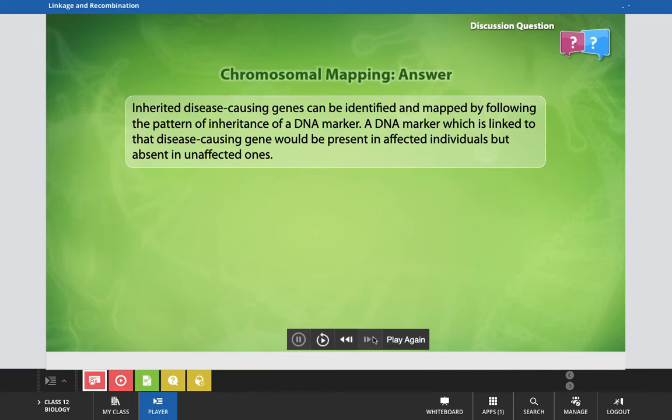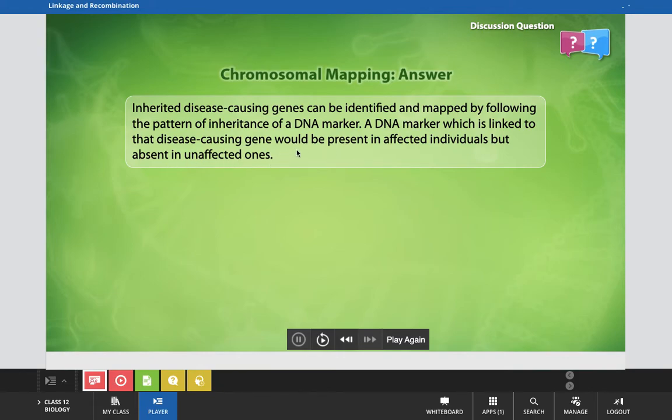Inherited disease-causing genes can be identified and mapped by following the pattern of inheritance of a DNA marker. A DNA marker which is linked to that particular disease-causing gene would be present in affected individuals but absent in unaffected ones.